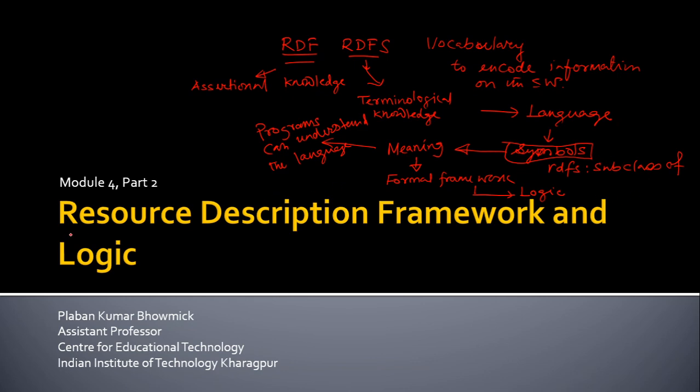So in this part 2 of module 4, we will be talking about the relationship between RDF or RDFS and logic, so that the constructs in RDFS can be formally represented.